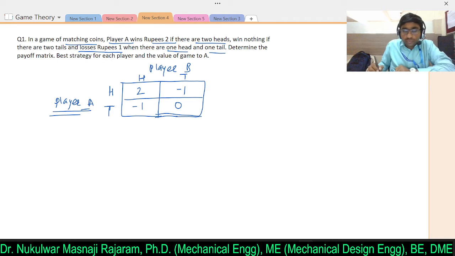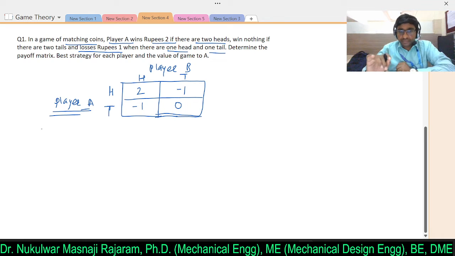Clear? Now first we will check the saddle point. Clear? And then we will apply the principle of dominance. If you consider this entire statement, I am getting that there is no saddle point, and no principle of dominance can be applied over here. Clear?